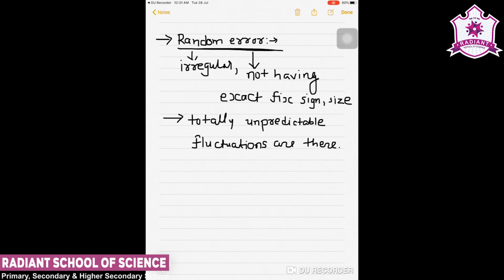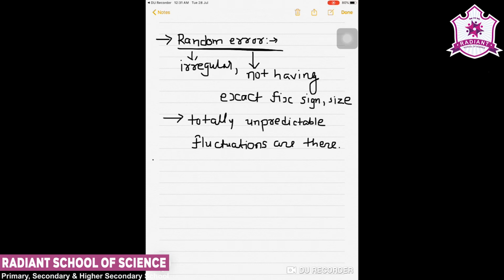For example, as given in your textbook, when the same person repeats the same observation, it is very likely that he may get a different reading every time, and that is called random error.